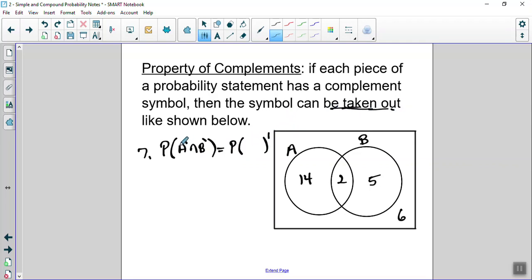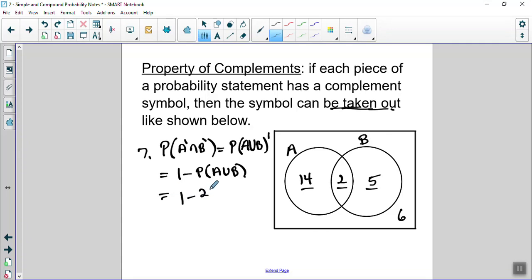So now I'm going to write A without the complement symbol. The and turns into an or. And then the B complement, you're just going to write B there. So basically, we just need to do 1 minus the probability of A or B. Well, we know A or B, that's the union of the two. 16 plus 5 is 21.